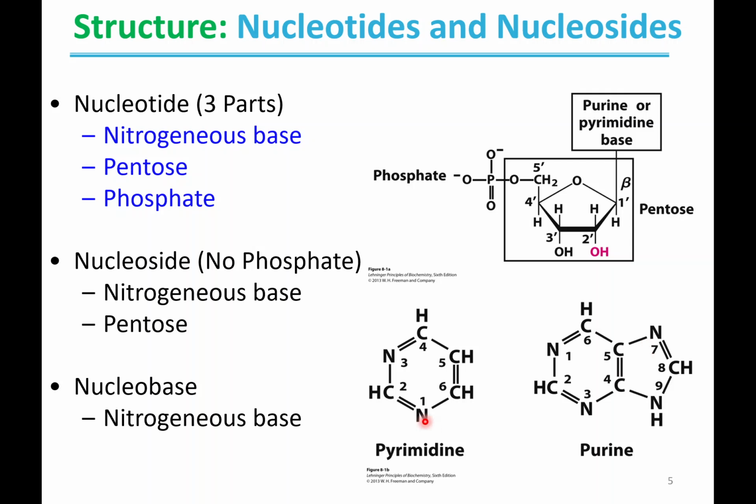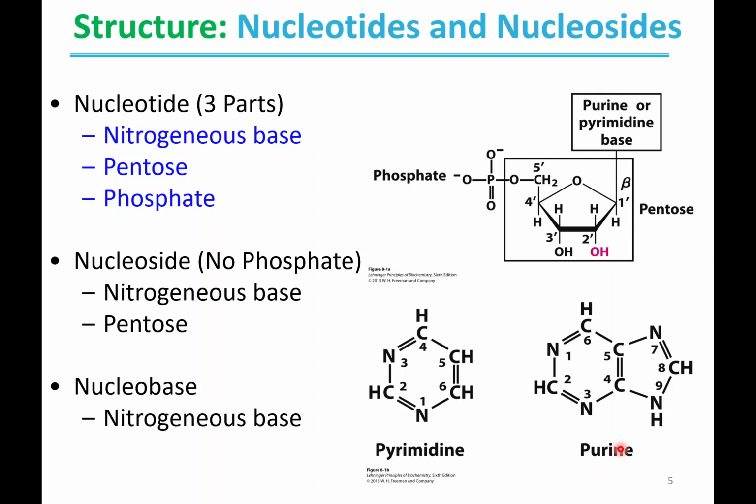Okay, the numbering system is a little kind of strange. For pyrimidines, the number starts at nitrogen in the bottom here. That's going to be attached to the ribose sugar in a nucleotide.